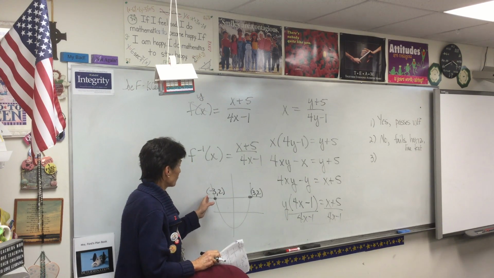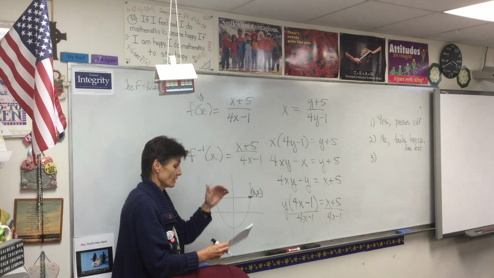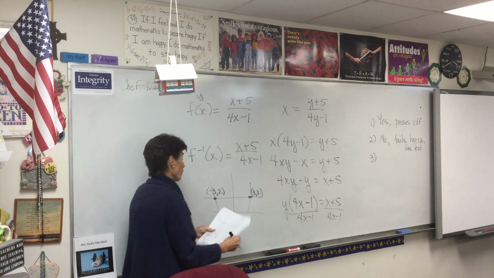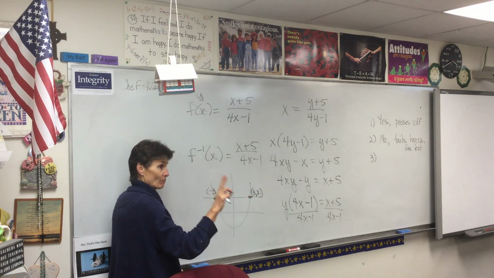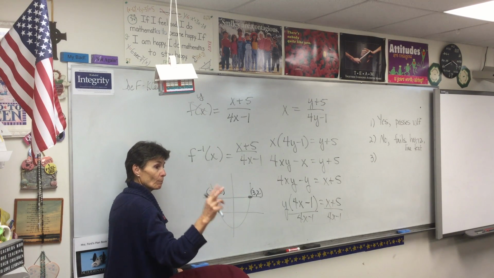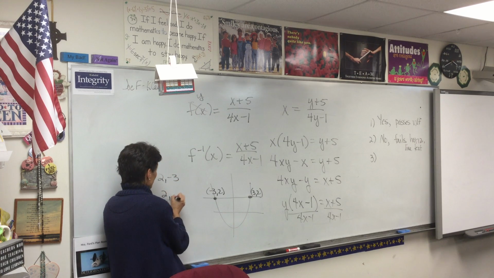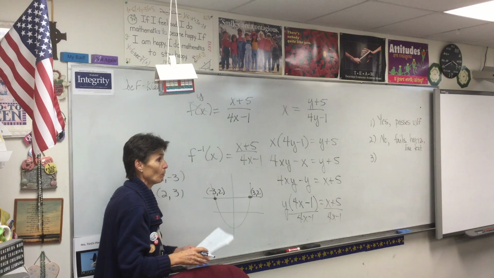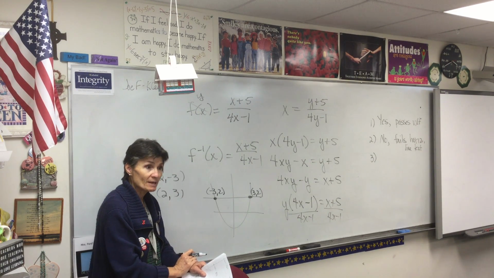There's nothing wrong with those 2 points, but what happens if I turn them around? The question said, is the inverse a function? Well, if I turn these points around, because that's what I do when I make an inverse, remember? We turn the ordered pairs around. Then I would have the point 2, -3 and the point 2, 3. Is there anything wrong with those 2 points? Yes, their x's repeat.